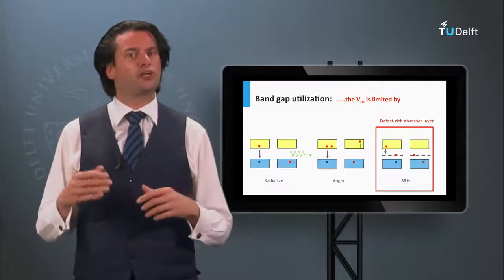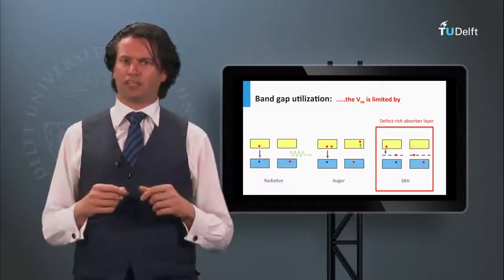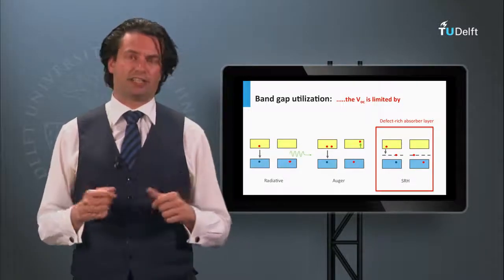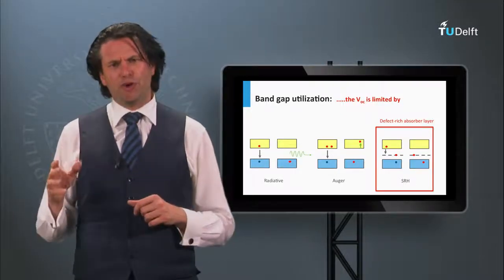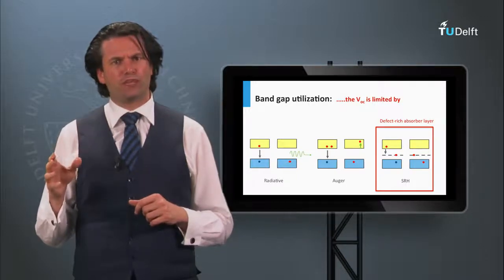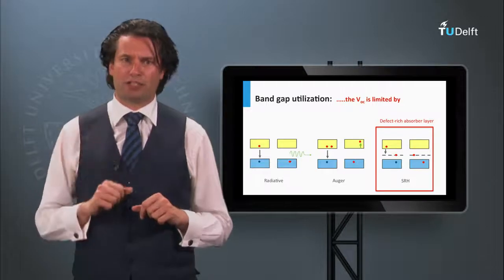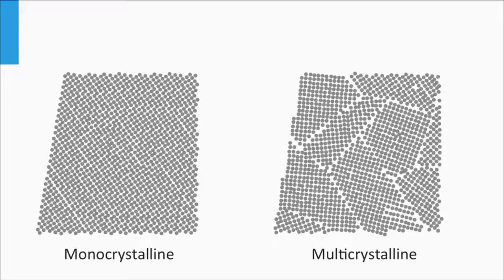If we consider Shockley-Read-Hall, the recombination of charge carriers is related to the electrons trapped at defect states. In view of defects in the bulk of silicon, we can make a general difference between two types of silicon wafers: monocrystalline silicon and multicrystalline silicon, or also called polycrystalline silicon.